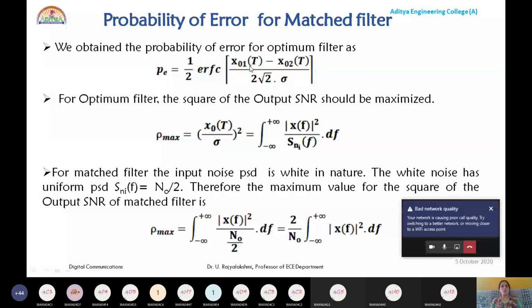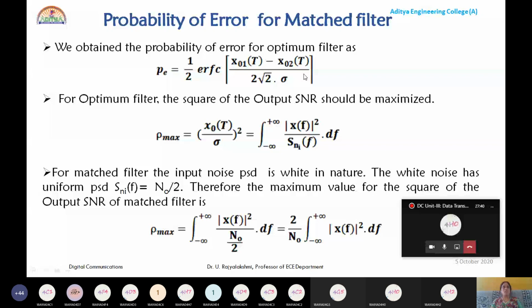We got the probability of error as half erfc of (x01(T) - x02(T))/(2 root 2 sigma). Here, what does capital T represent? Capital T represents the bit duration. Here we are observing the analysis at one particular instant, t = T. This is the general expression for probability of error for the optimum filter, which we calculated in the last class.